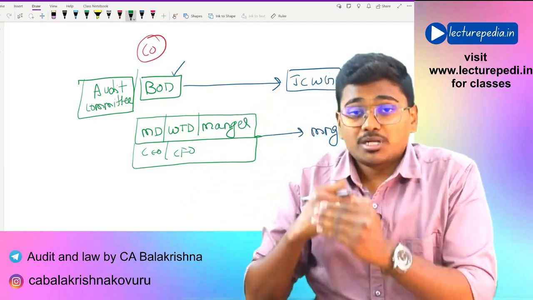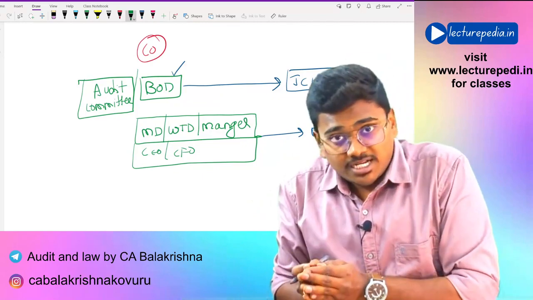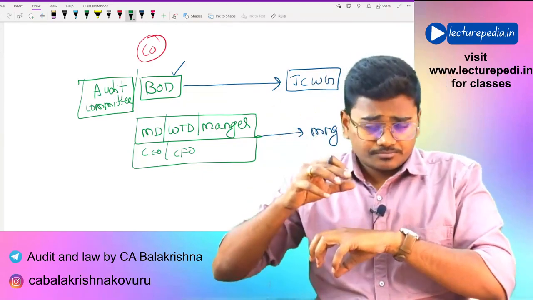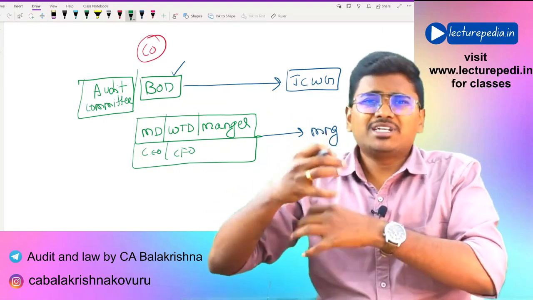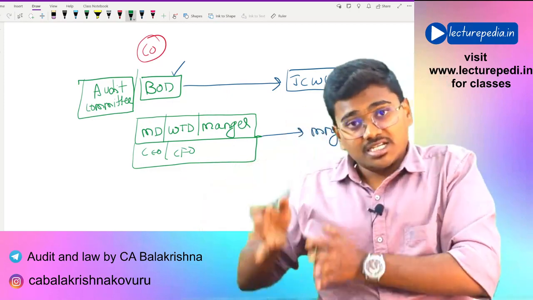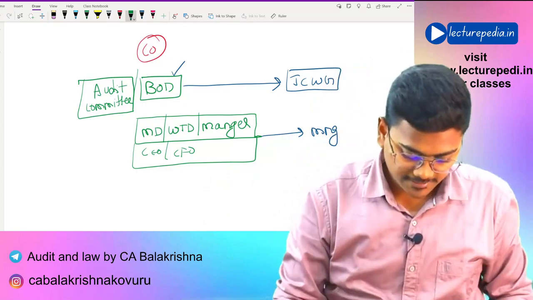So for this purpose, it is necessary for the auditor to determine who is management and who is those charged with governance. And management and those charged with governance will be different for different types of entities. So the auditor, based on the entity, needs to determine. Hope that is clear.